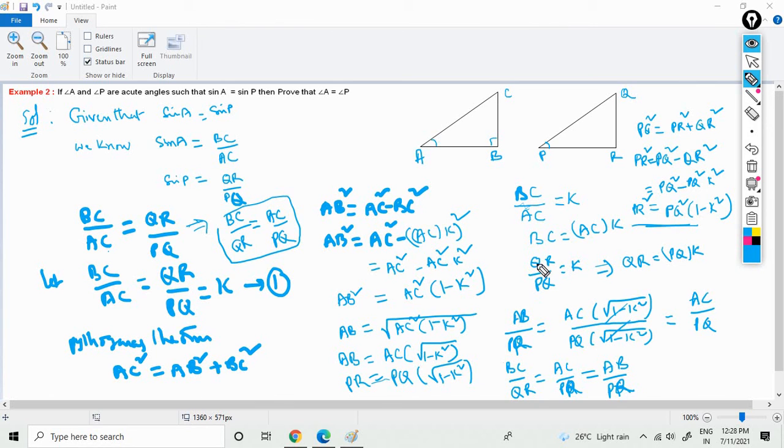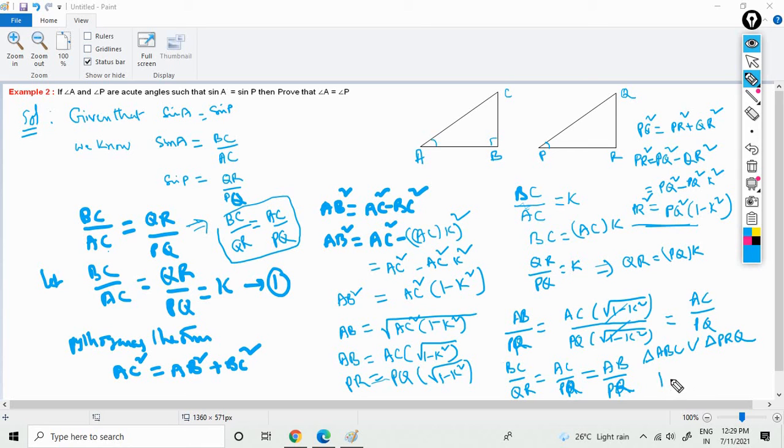See here in this triangle, what is BC by QR? BC and QR are opposite sides, and it is equal to AC by PQ. AC is the hypotenuse and PQ is the hypotenuse, that is also equal, and equal to AB adjacent by PR, both are equal. So in that case both the triangles, triangle ABC is similar to triangle PRQ.